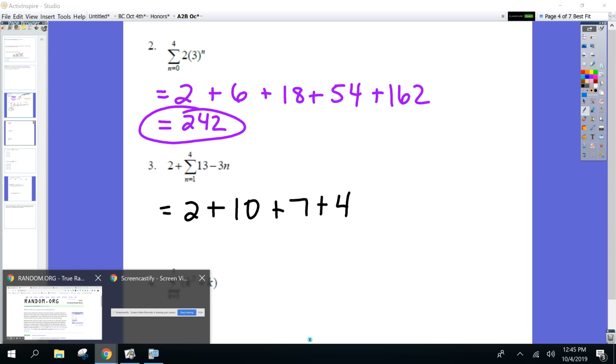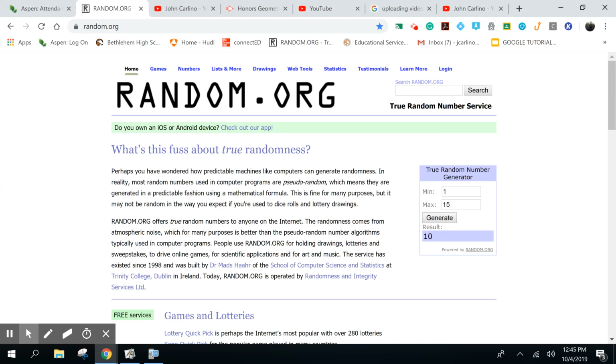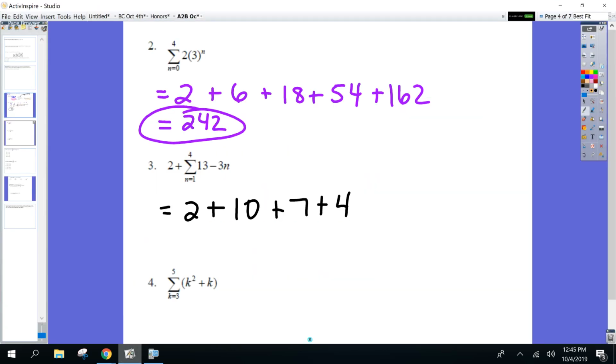And when I plug in 4, I'm going to end up with 10. What do you get? Yep. So I end up with 24, yep.